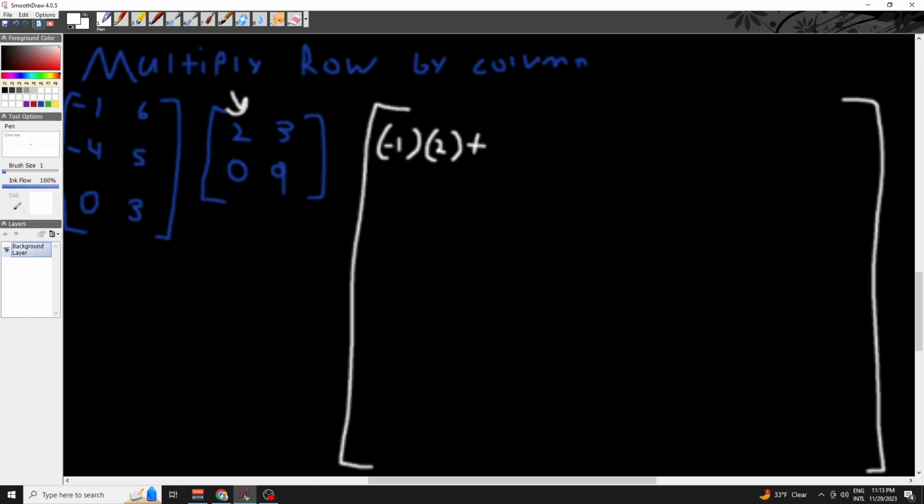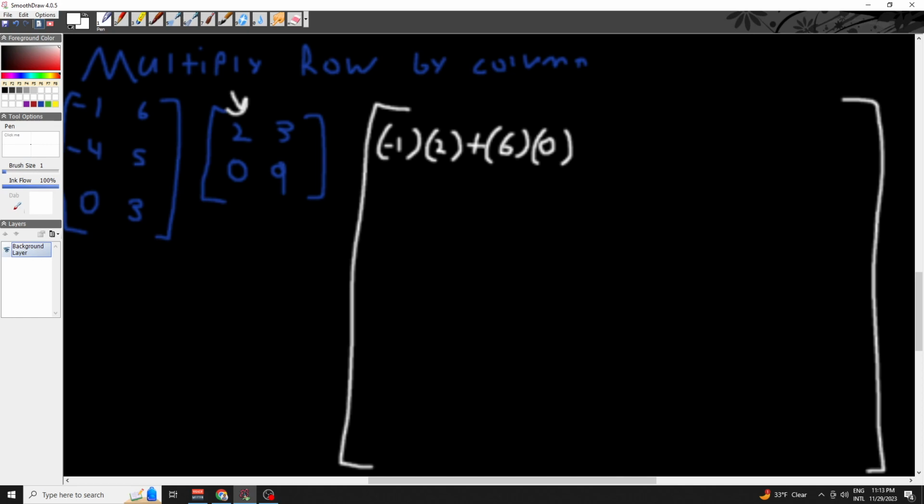the second part of the first row, which is 6, and then the second part of the second, wait, I might be tripping here. Oh no, okay, we're not. We're chilling. It's going to be plus 6 times the second part of the column, which is 0.